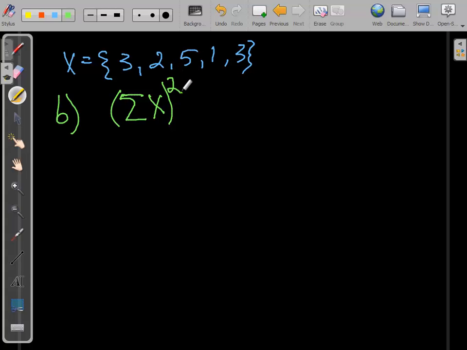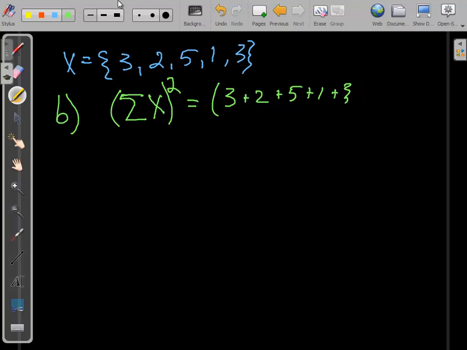When you write it like this, the order of operations says do whatever you have in the parentheses first. So I've denoted that the summation should happen first. In other words, I can interpret this as 3 plus 2 plus 5 plus 1 plus 3.